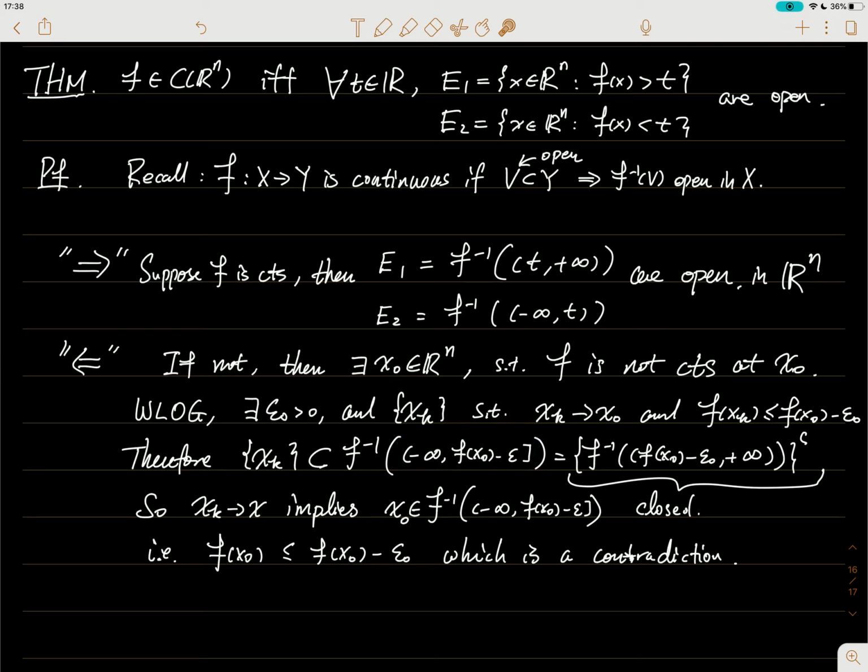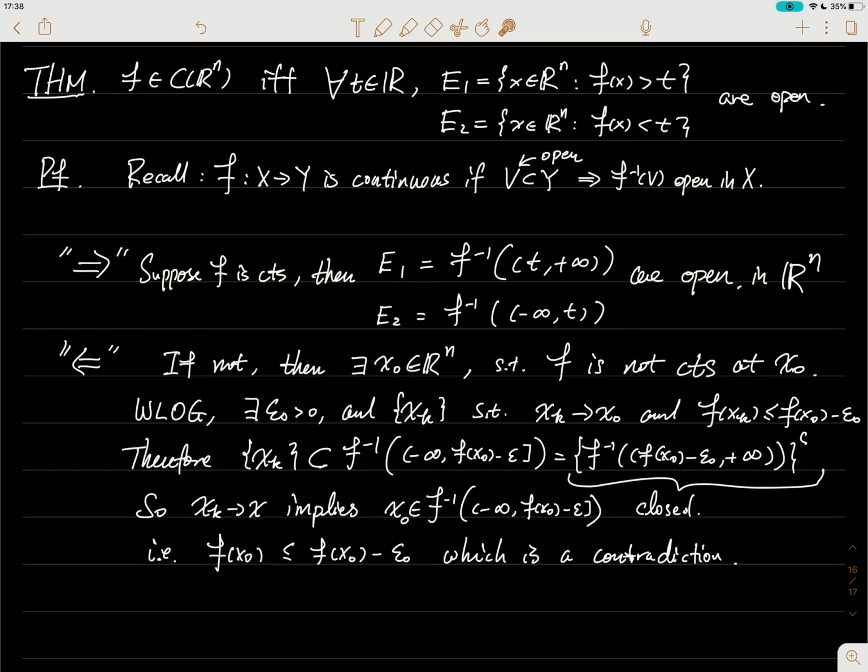All right, but on the other hand, the complement of this interval is just the open interval from this point to positive infinity. So because this is a complement of that, the inverse image of this set will be the complement of the inverse image of that set. That's why this whole thing, when we take a complement, will be equal to this.